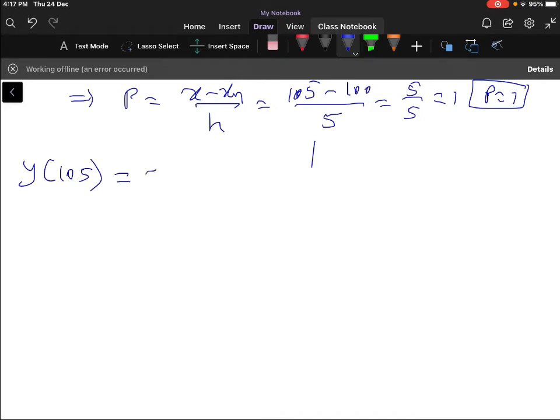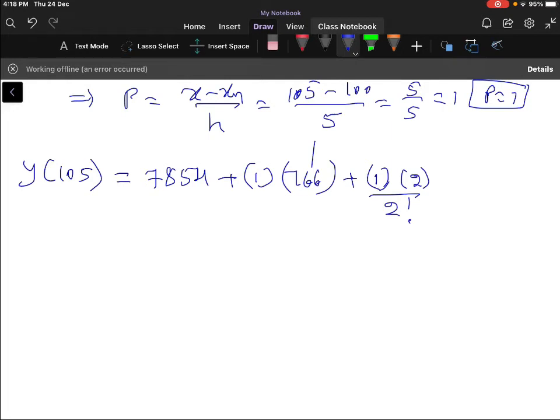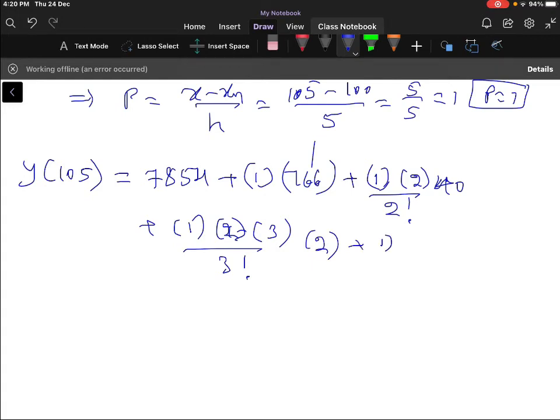Therefore y of 105 is equal to, where yn is 7854, plus p is 1 into nabla yn is 766, plus p is 1 into p plus 1, that is 2 by 2 factorial into nabla square yn is 40, plus p is 1 here, p plus 1 is 1 plus 1, that is 2, into p plus 2, nothing but 3, by 3 factorial into nabla cube yn is 2, plus 1 into 2 into 3 into 4 by 4 factorial into nabla 4 yn is 4.